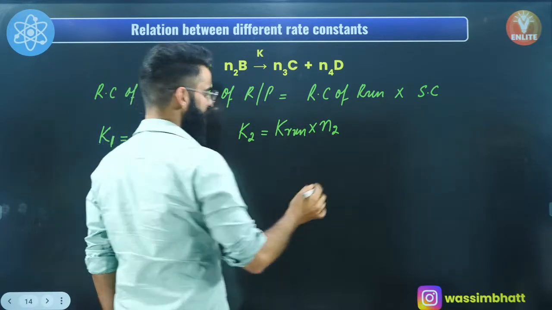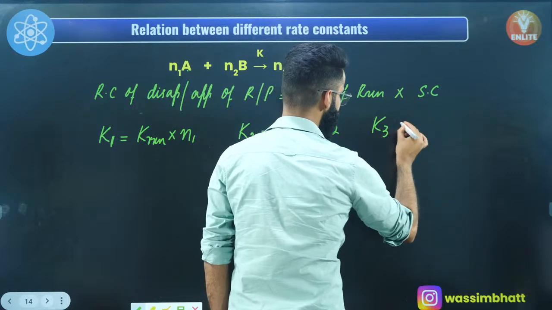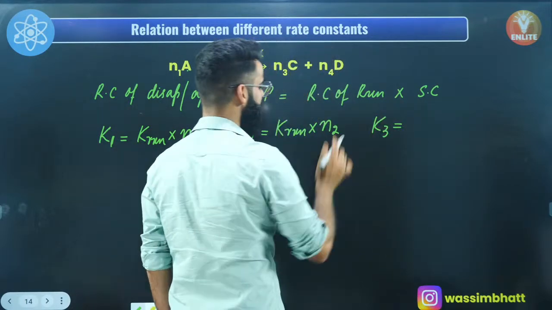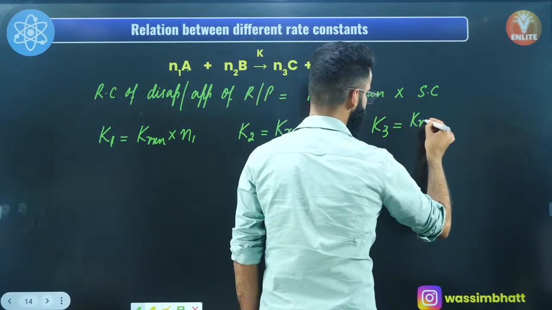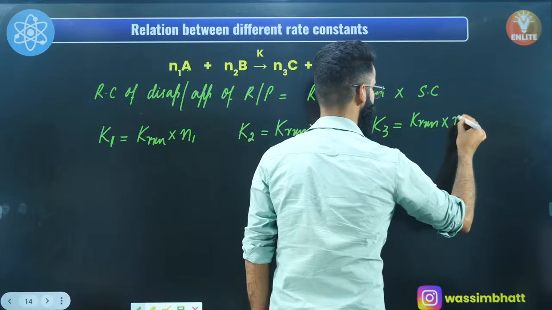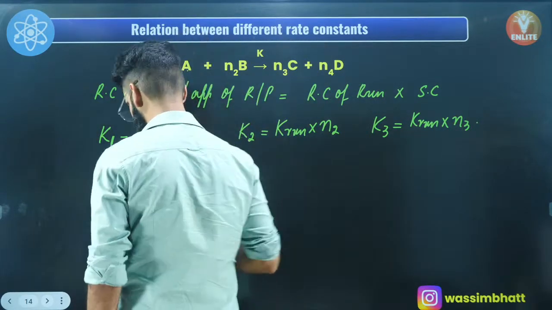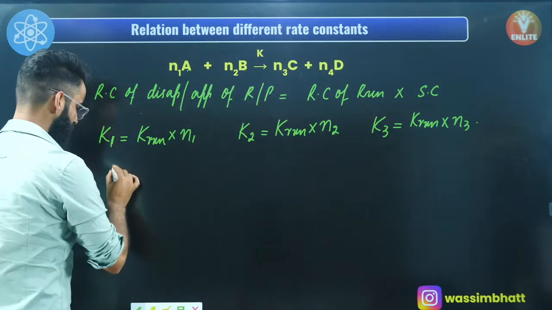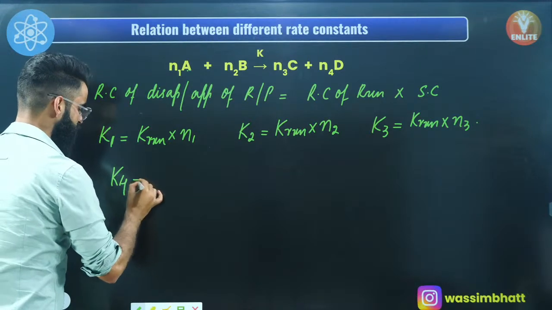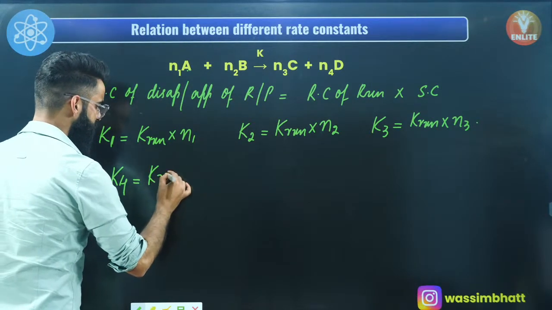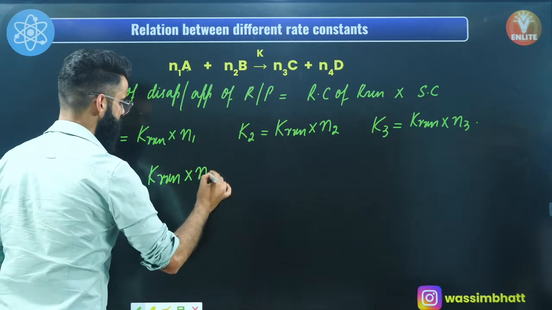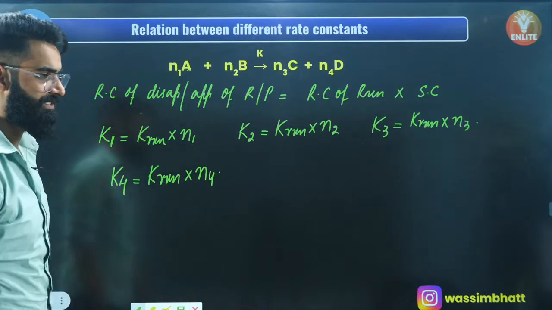Similarly, K3 is the rate constant of appearance of C, equal to the rate constant for the reaction multiplied by the stoichiometric coefficient of C. And if you want to write the rate constant for the appearance of D, it's equal to the rate constant for the reaction multiplied by the stoichiometric coefficient of D, which is N4.